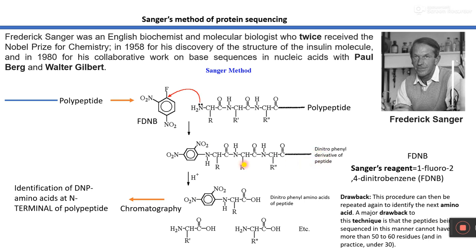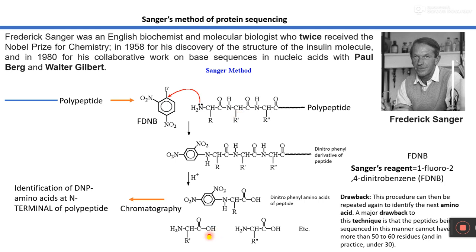This on hydrolysis yields dinitrophenyl amino acid, which is generally present at the N-terminal, and side by side it also produces free amino acids from the rest of the peptide, right?